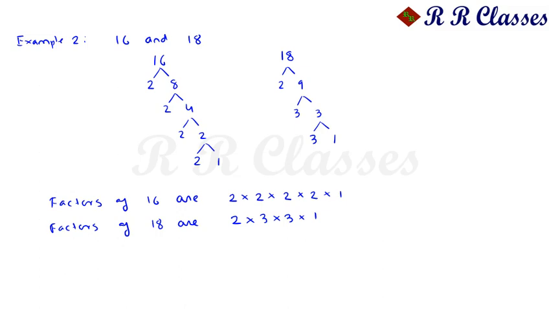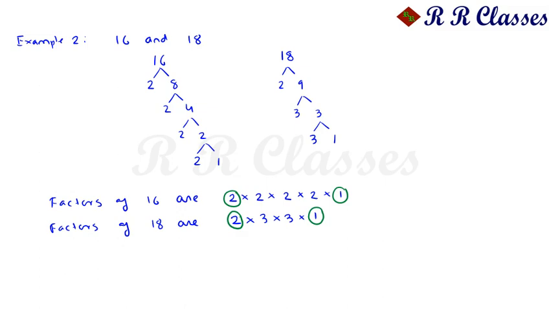Now, if you look, the common factors between 16 and 18 are 2 and 1. So this is against the definition of coprime, because coprime says it must have only one as a common factor. But in this example, I'm finding 2 and 1 are common factors.